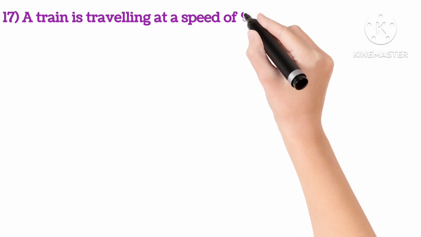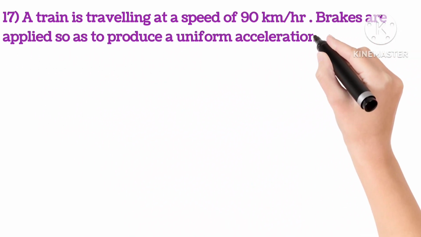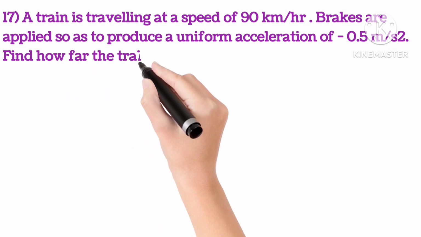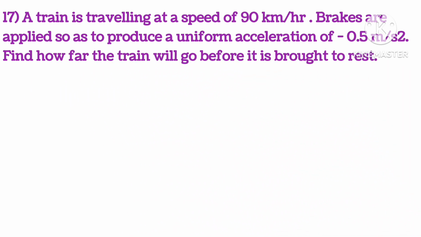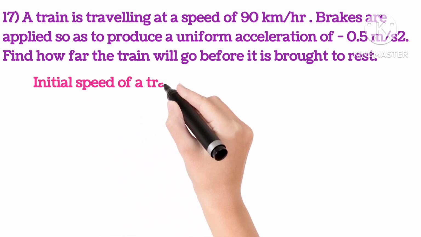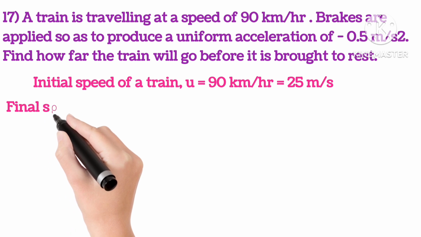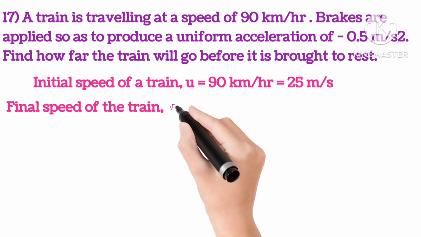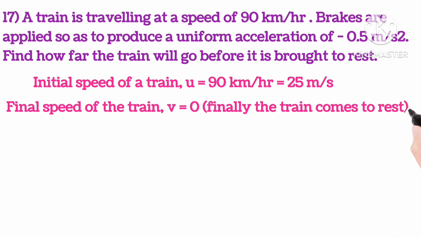A train is traveling at a speed of 90 km per hour. Brakes are applied so as to produce a uniform acceleration of minus 0.5 meter per second square. Find how far the train will go before it is brought to rest. So the initial speed of the train is 90 km per hour, that is 25 meter per second. Final speed of the train is 0 because the train finally comes to rest.